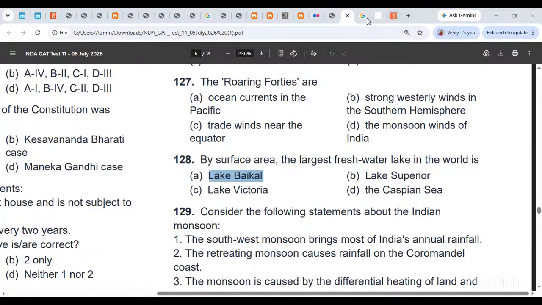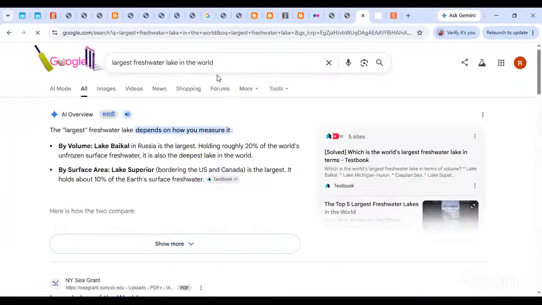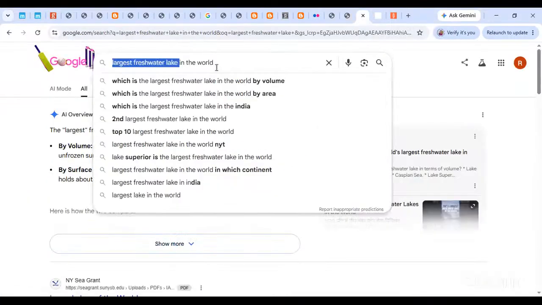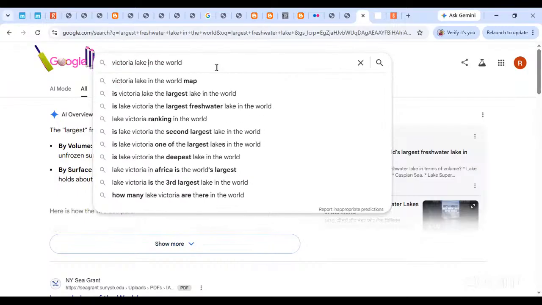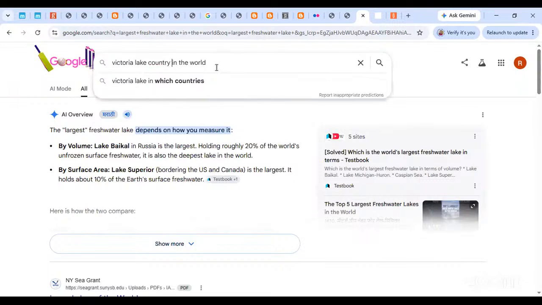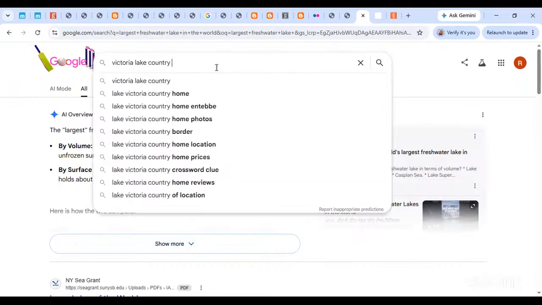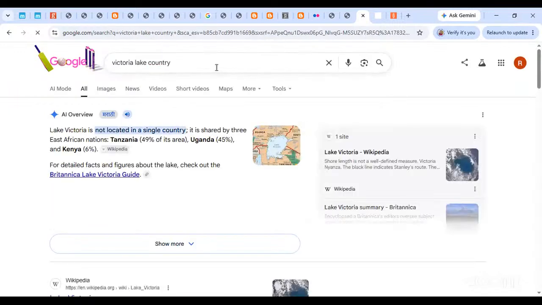Wait a minute, let me check where Lake Victoria is. Okay, it is shared by Tanzania, Uganda, and Kenya.